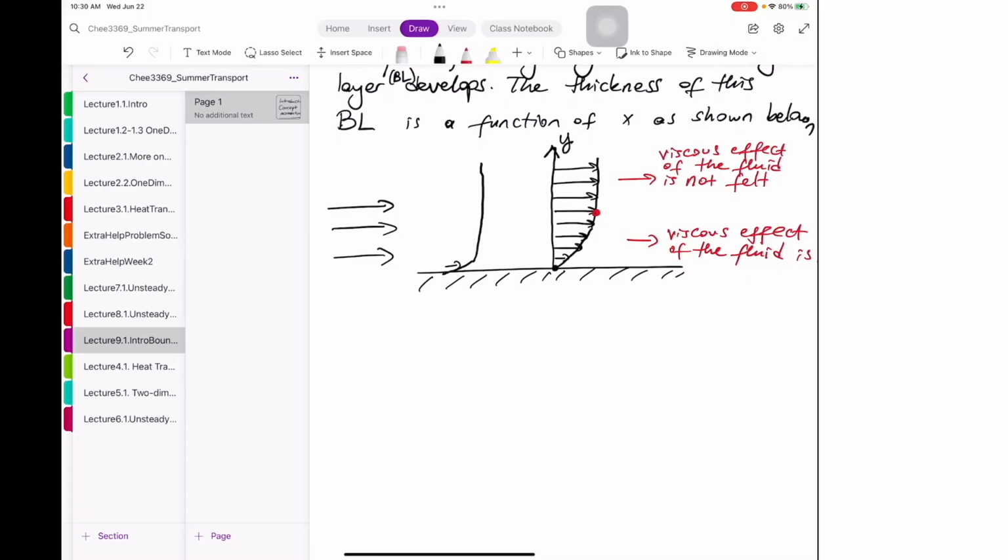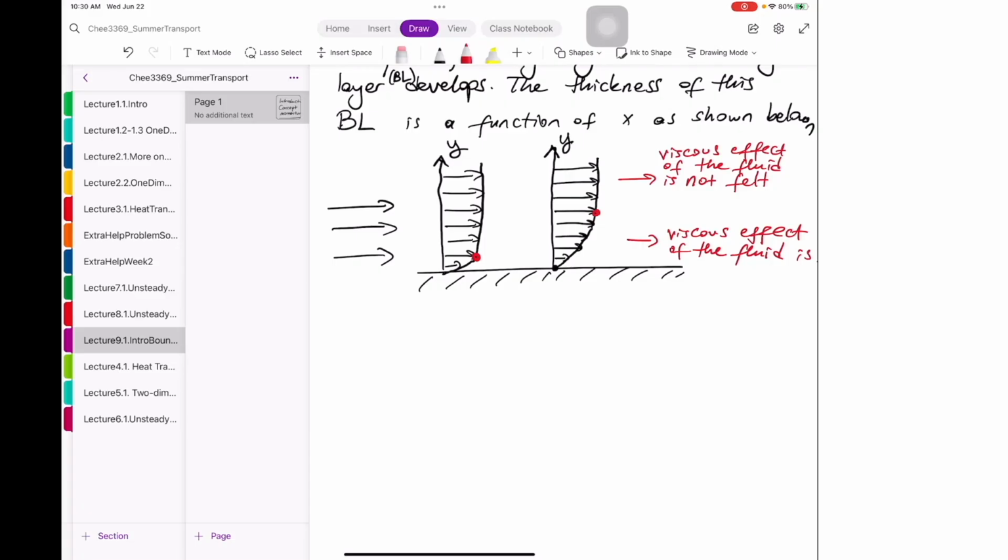Then you have this fluid velocity reached at a smaller y value. And this is the point where you go from the viscous region to the inviscous region, right?